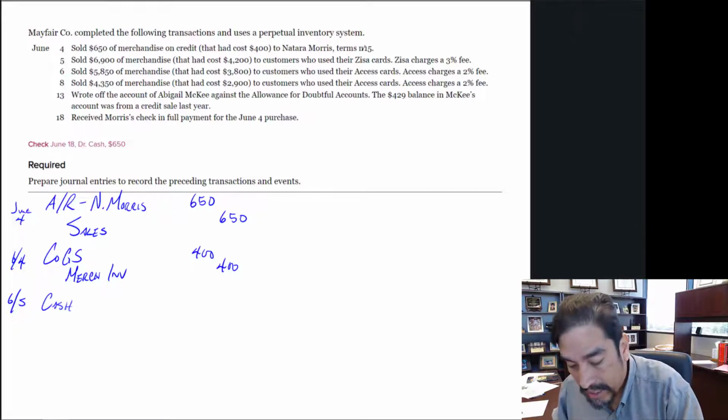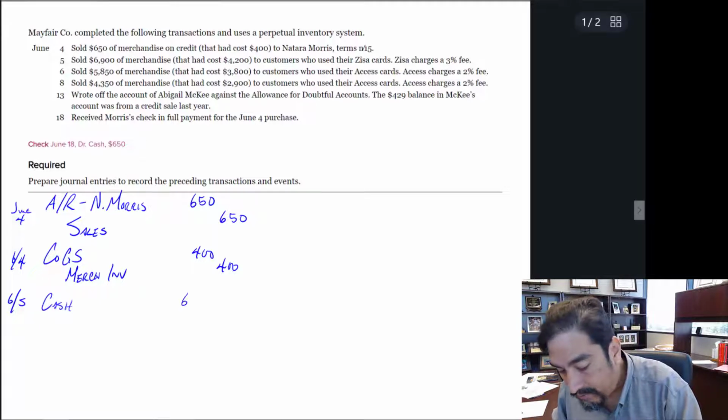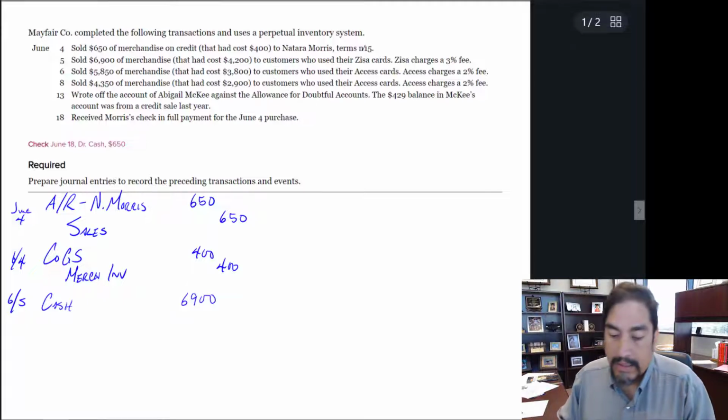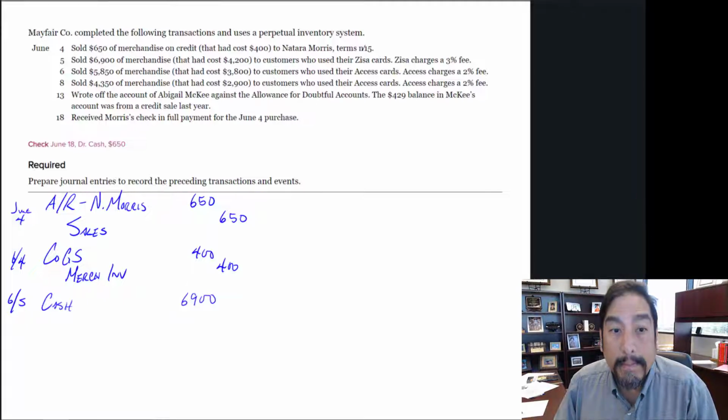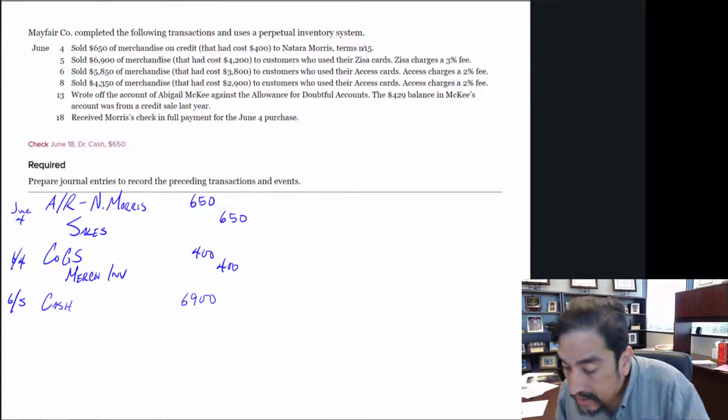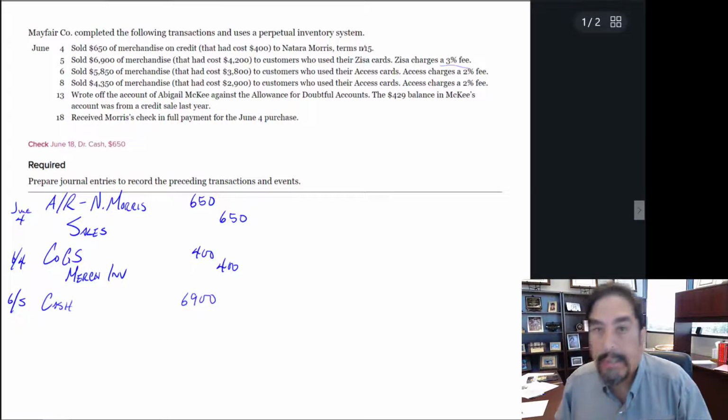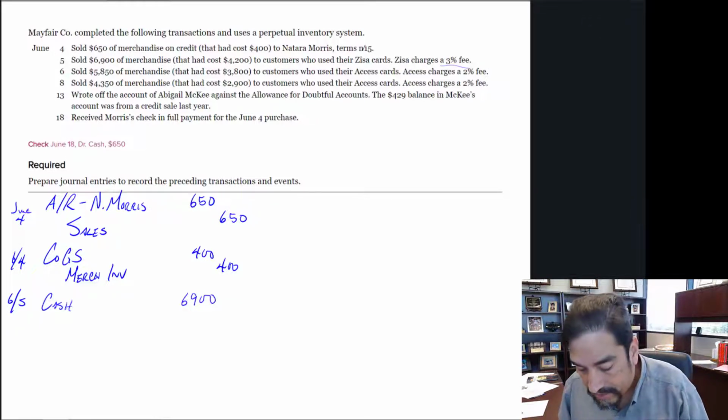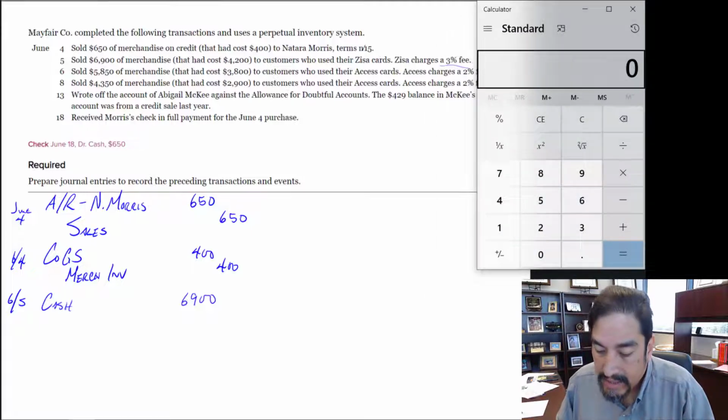If it were a cash sale, we would debit cash for the full $6,900, but this credit card company charges a 3% fee. So we're not going to collect the full $6,900. A 3% fee means we collect 97%, and the credit card company gets 3%.